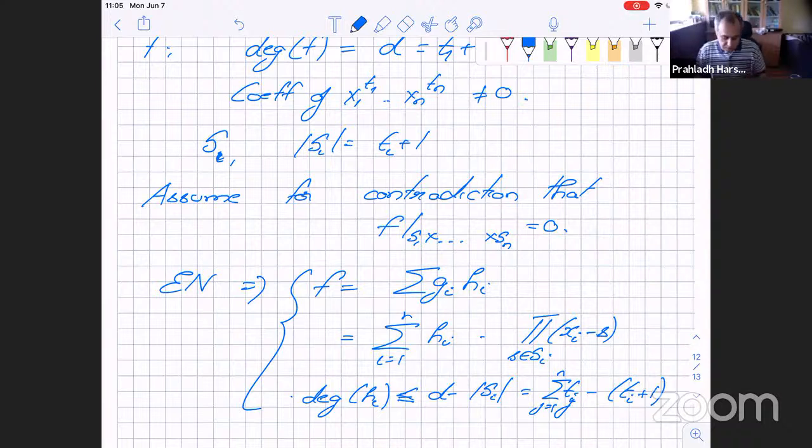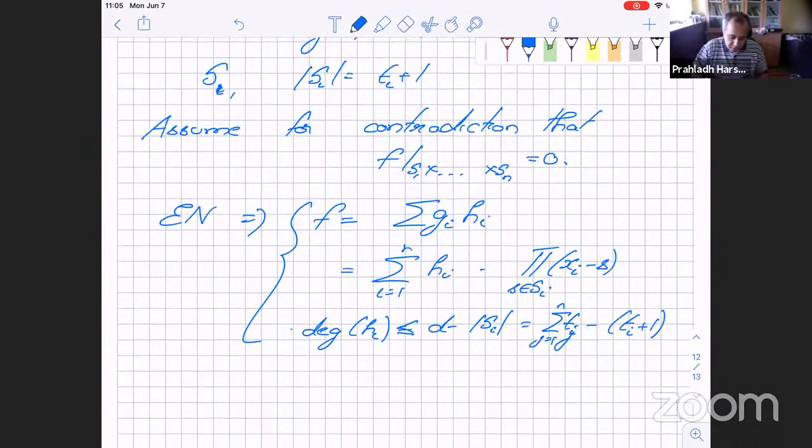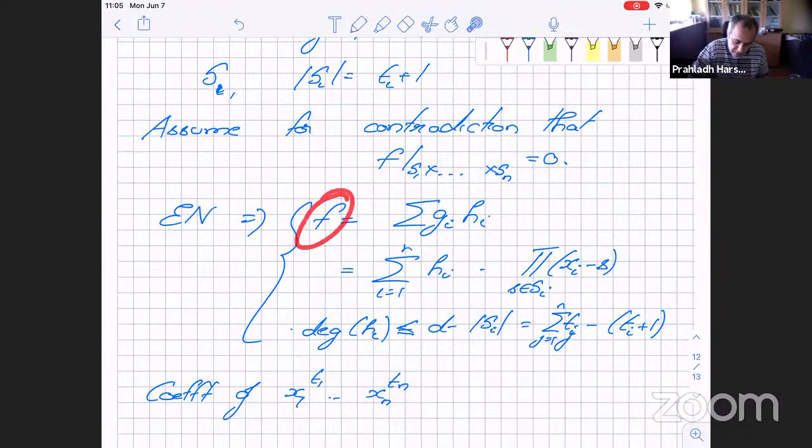That's the degree of h. So f is written like this. Now let's look at what we know. We know the coefficient of x1 to the power t1, xn to the power tn is non-zero in f. This is what we have been told. It has a non-zero coefficient on this side. Let's look at the other side.